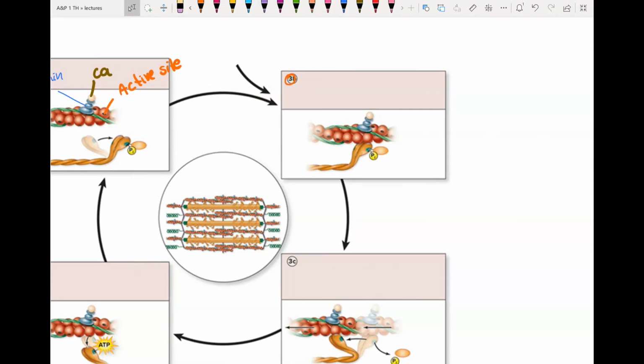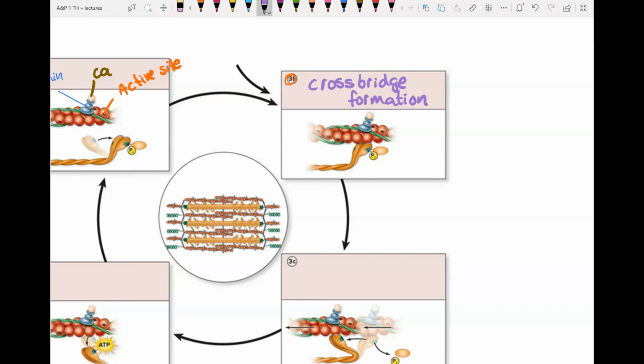So let's look at how that happens. So here we have what is called cross-bridge formation. Once the tropomyosin is out of the way, the myosin head binds to the actin. So we don't go around saying myosin head binds to actin.